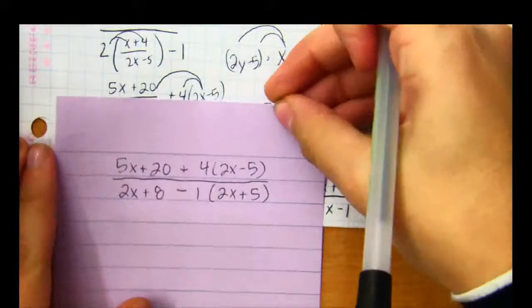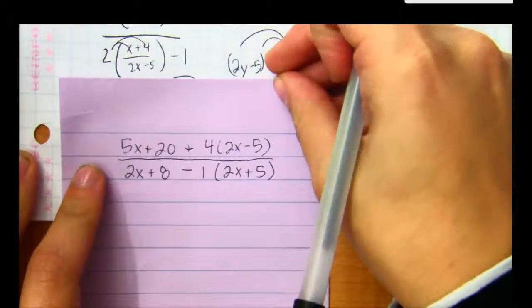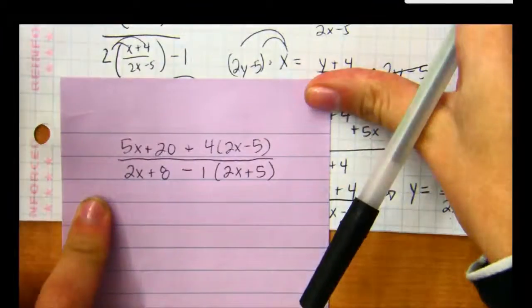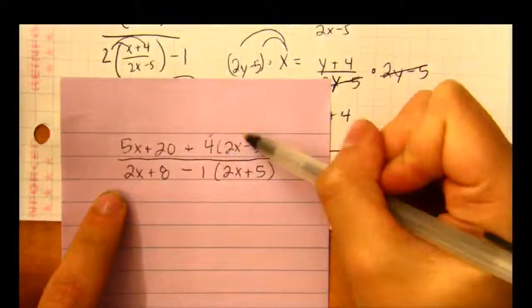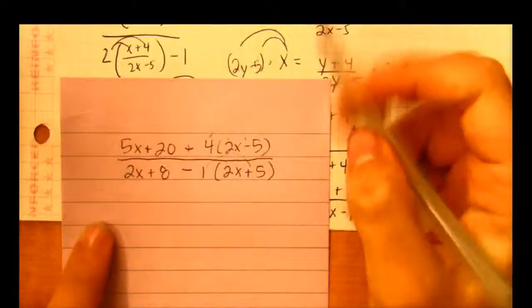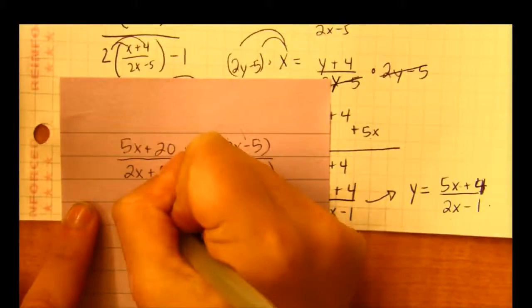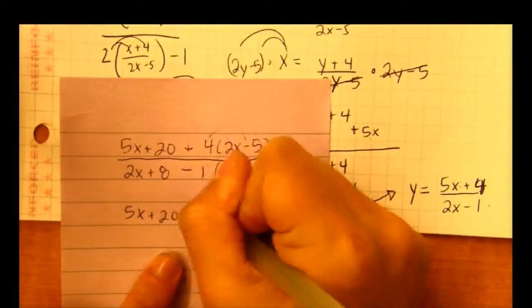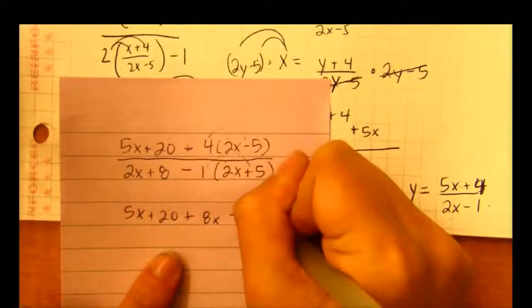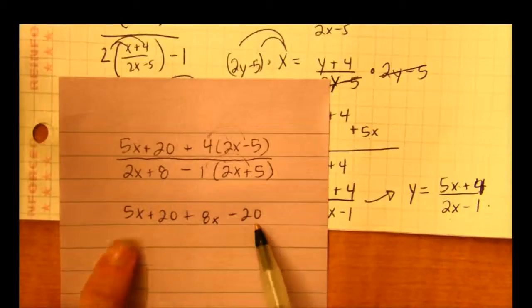Okay, this is a fraction now that I can deal with. I know what I can do with it. So I'm going to distribute what I can into these two parentheses. So really I've got 5x plus 20 plus 8x minus 20. That looks good. It looks like my 20s are going to cancel out.